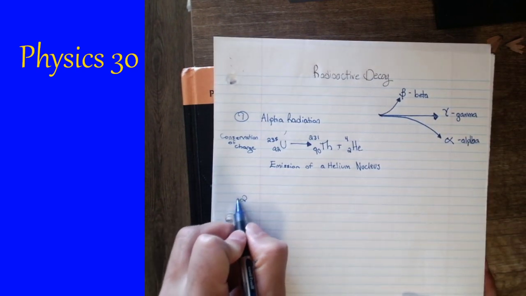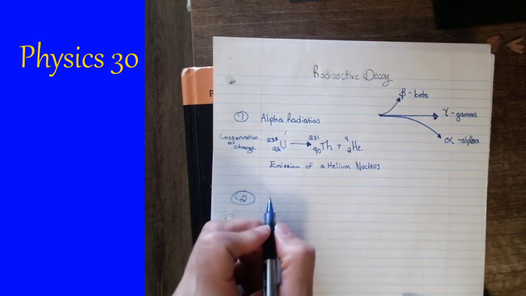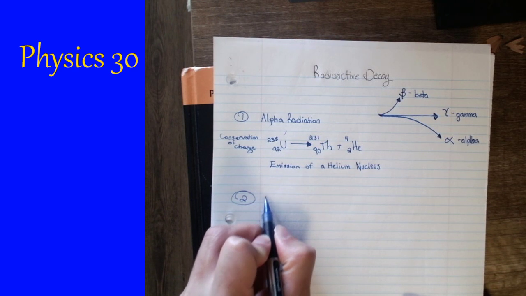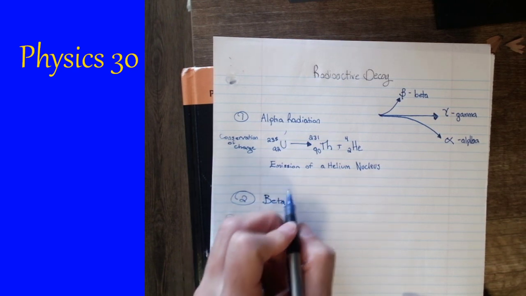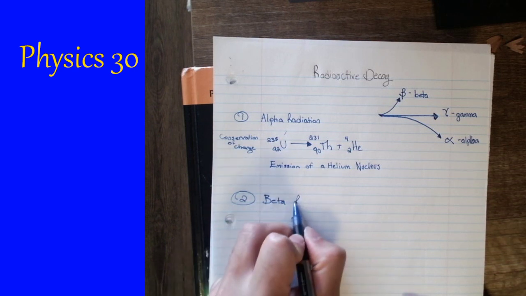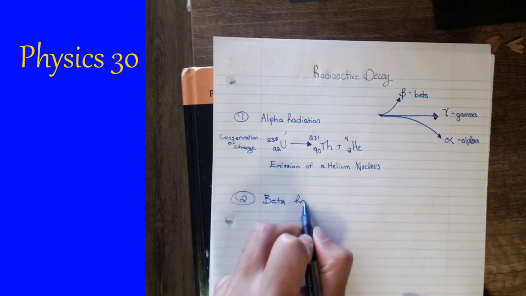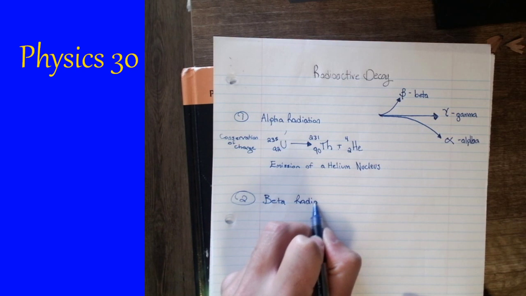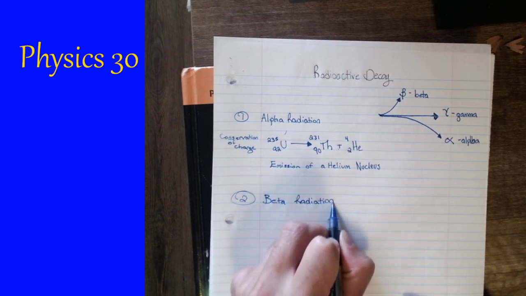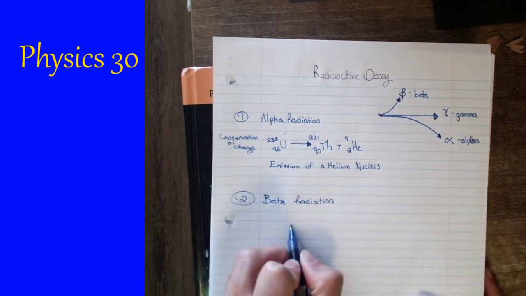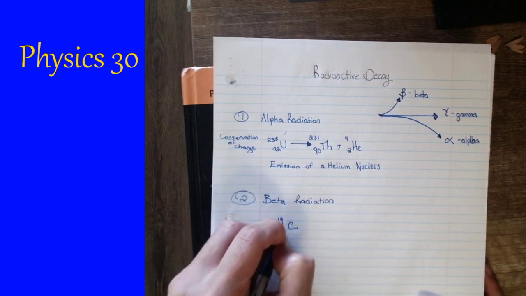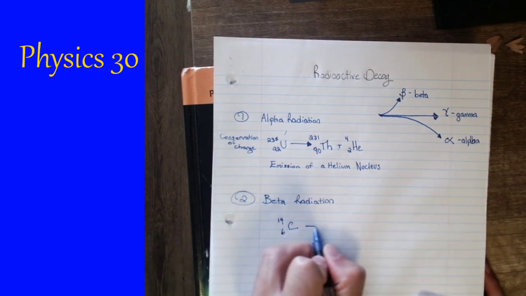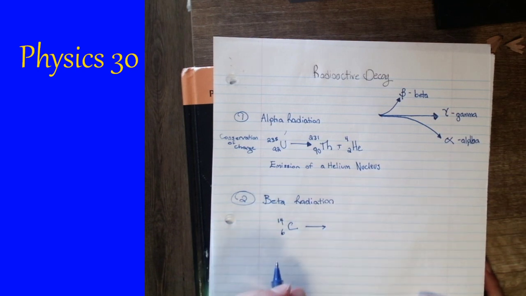And the second type of radiation is the beta radiation, or beta decay. So the example for beta decay occurs in a carbon-14 atom. Carbon-14 atom does this.